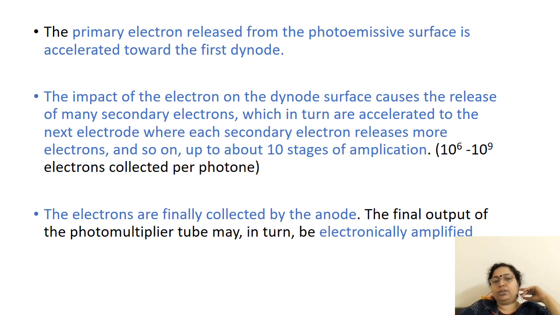The impact of the electron on the dynode surface causes the release of many secondary electrons, which in turn are accelerated to the next electrode, where each secondary electron releases more electrons. This process will continue up to about 10 stages. So, from a single photon, about 10^6 to 10^9 electrons will be generated. And these electrons are finally collected by the anode, which is electronically amplified.